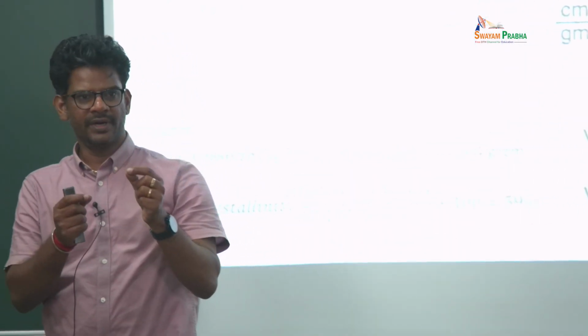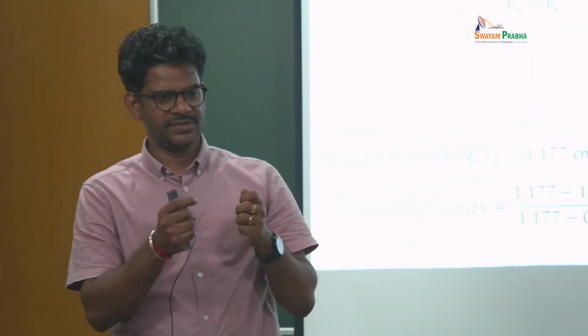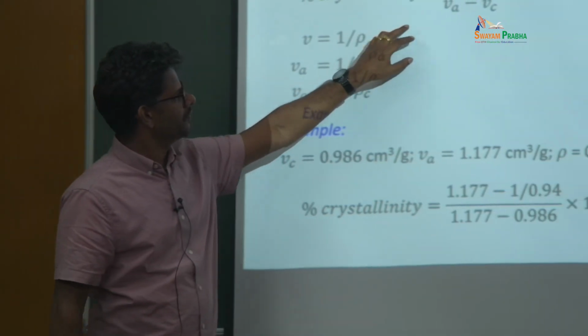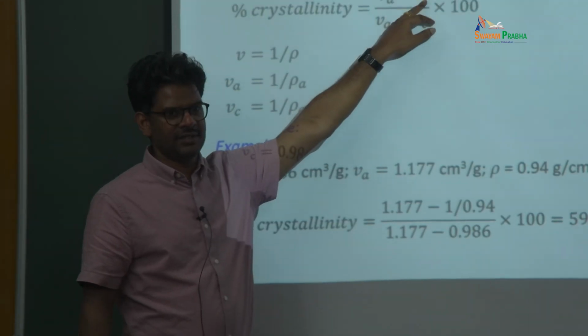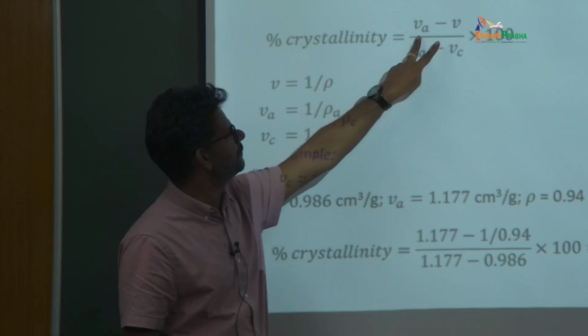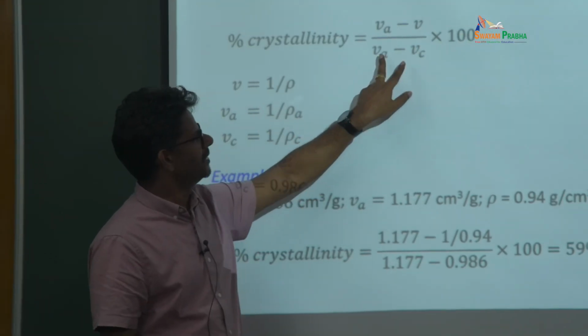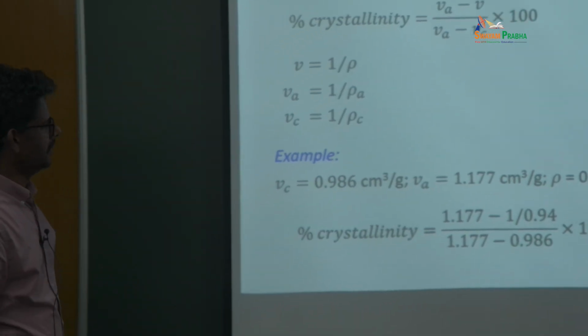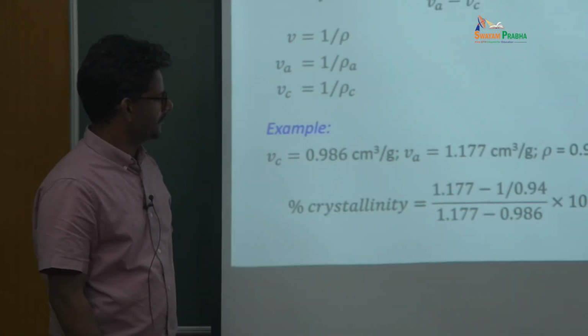Once you have these two extreme values, okay, specific volume or density of completely crystalline polymer and completely amorphous polymer, then you can define percentage crystallinity for a sample of given specific volume using this formula. Okay, this basically tells you the difference between amorphous and your sample divided by the amorphous to the crystalline difference. So here is an example.